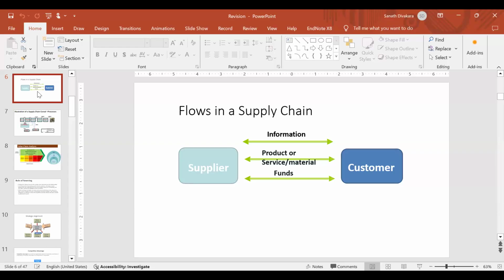Spend analysis, value analysis, value chain, value proposition. What is value proposition?